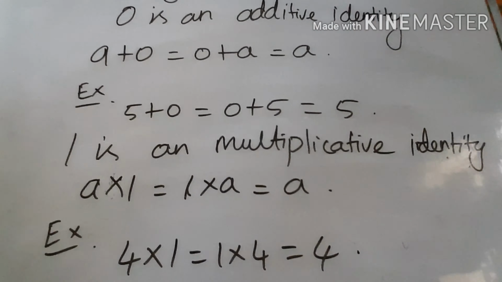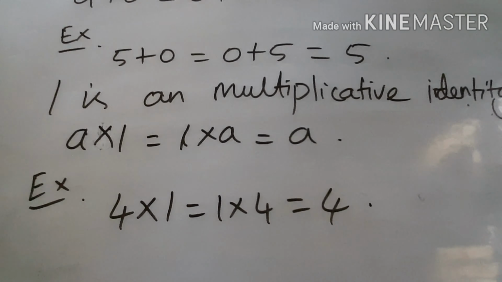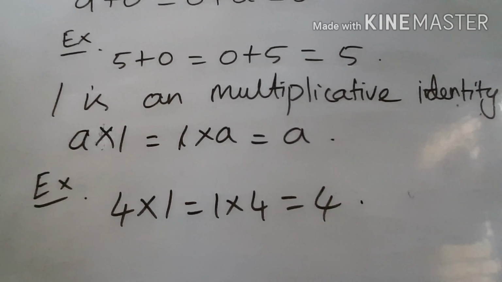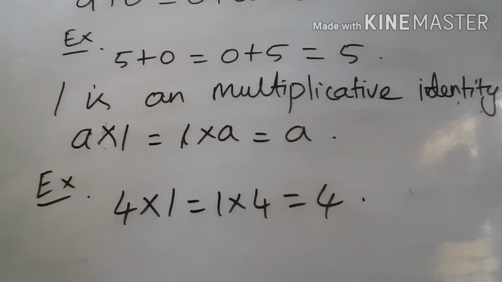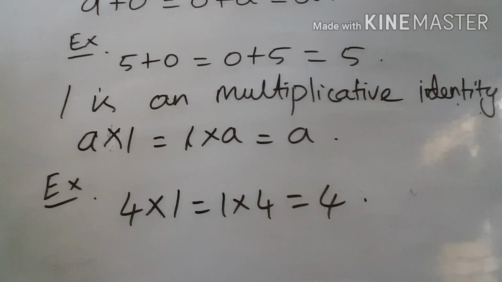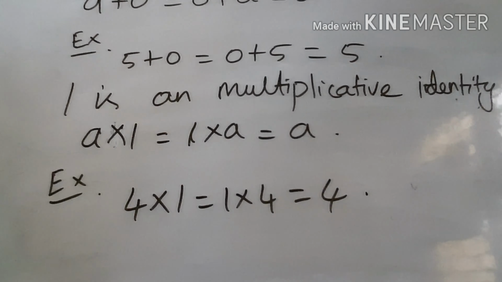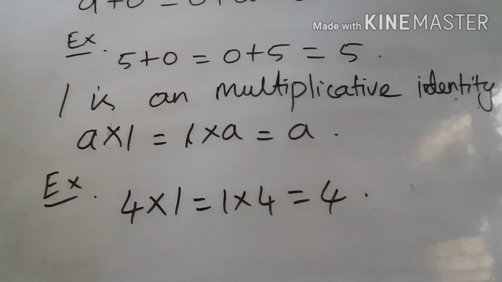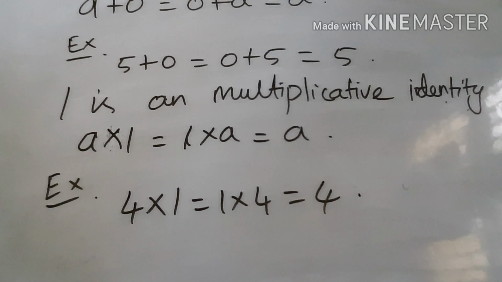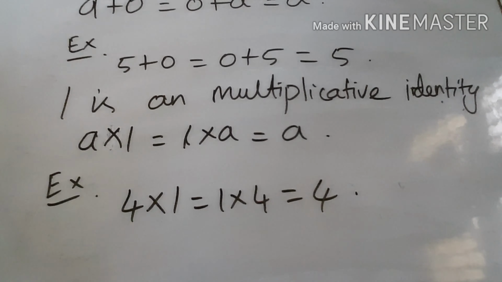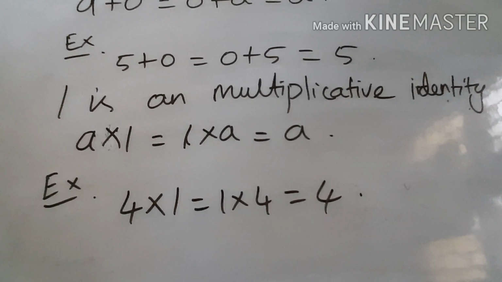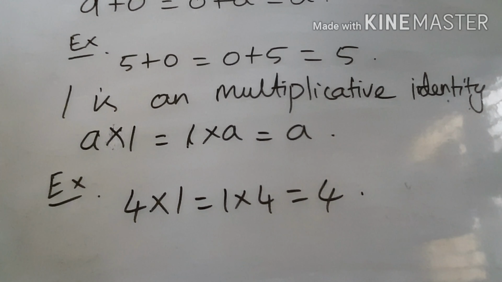Next one is the multiplicative identity. The multiplicative identity is 1. So a cross 1 and 1 cross a give a only. I'm taking 4. Whatever number you take, maybe -4, a positive integer or a negative integer, it will give the same number. So that is the multiplicative identity.